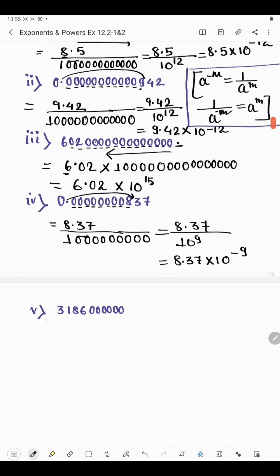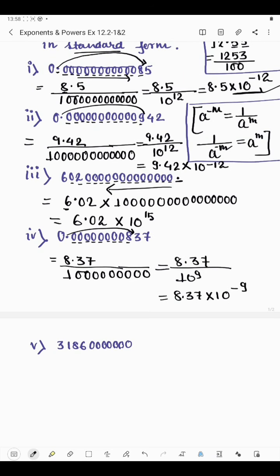Okay. Now in the fifth part we have 3186000000. So as you know, we will keep the decimal after one digit. So 3.186.